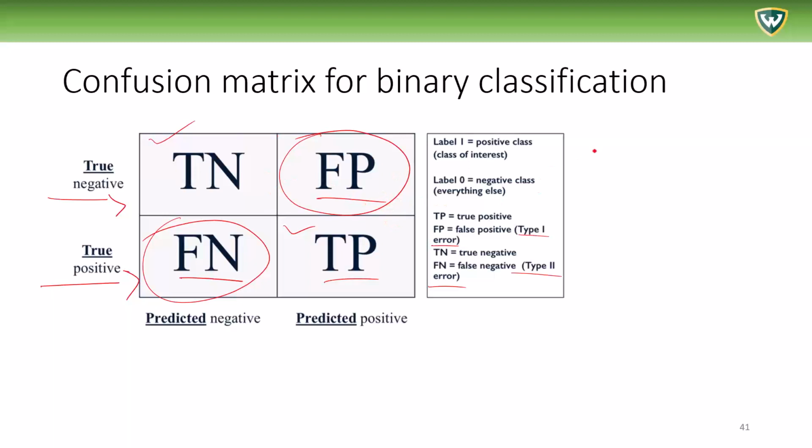And this can be important when we go over some of the examples, especially, for example, when you're dealing with disease detection. So if it's 1, you have the disease. If it's 0, you don't have the disease. So it makes a difference if the model is predicting true negatives or false positives, or true positives or false negatives. So the rate of each of these makes a difference, and it's not just true or not true.